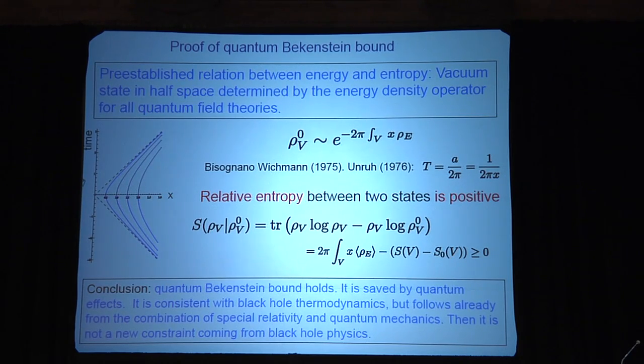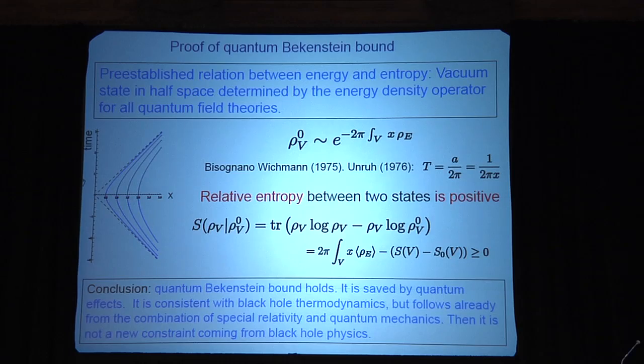So once we know this, the proof is very simple, because it's just writing the relative entropy with this information here, and what we get after a little algebra is just the expression of the Bekenstein bound. And as relative entropy is always positive, we have the proof there.